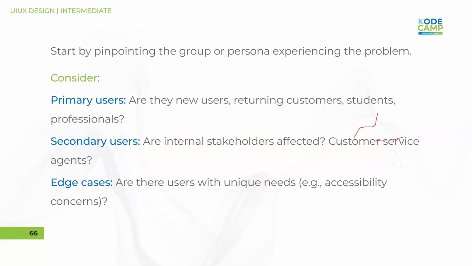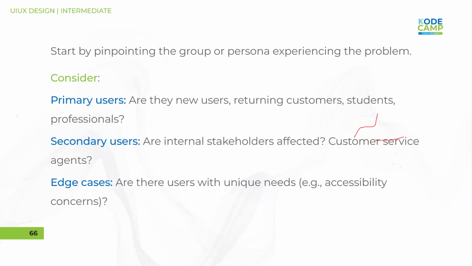It could be new users, returning users, students, busy professionals, customer support agents, people with disabilities, people using mobile, and people using desktop. So always consider primary users.